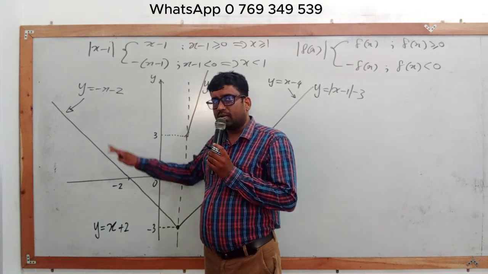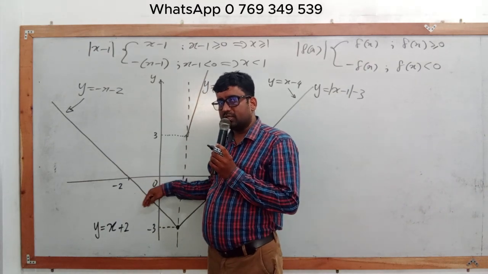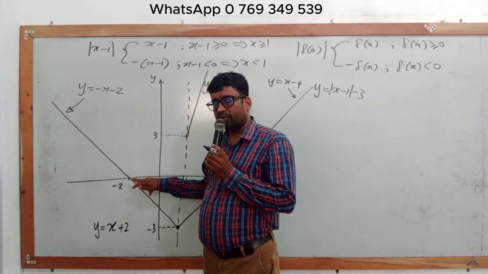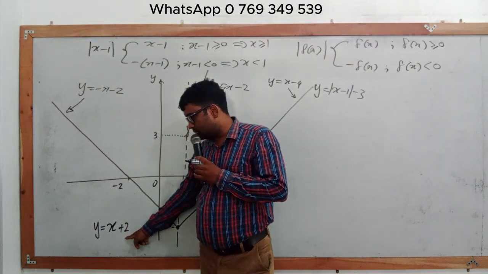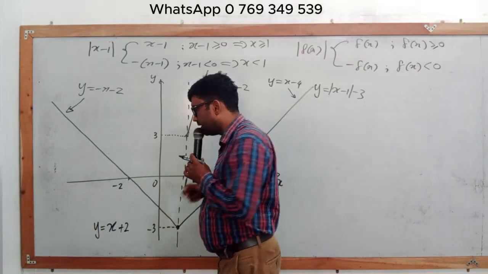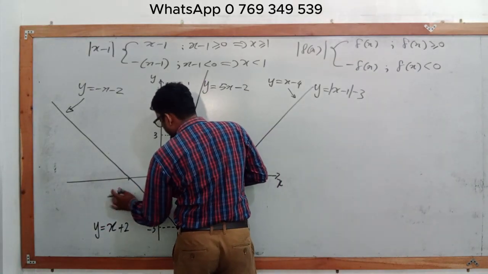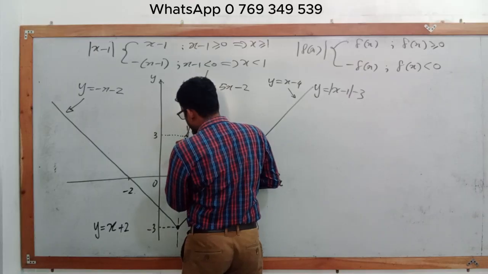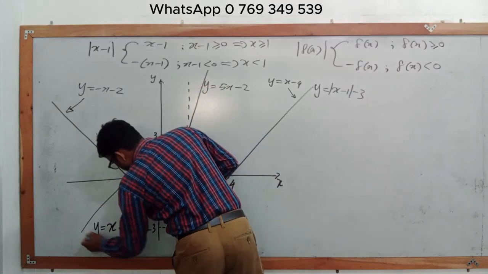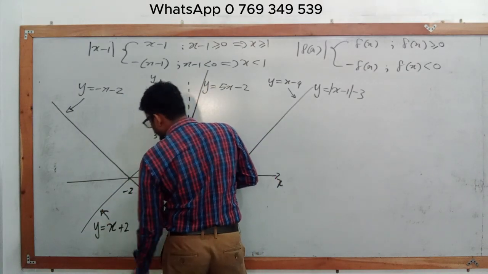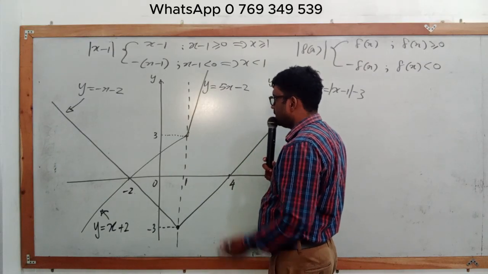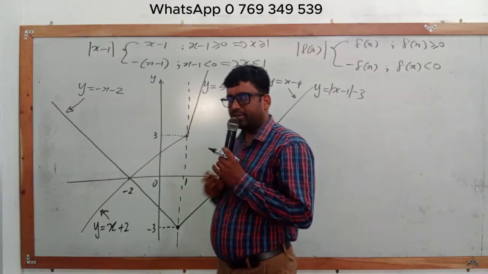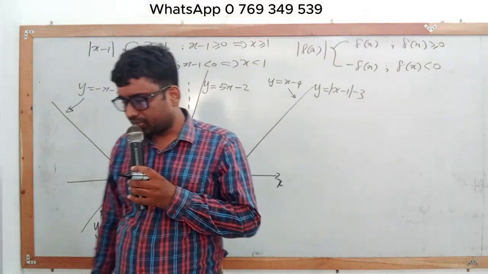We don't know where it cuts, so we have to find out where minus 2 is. Let x plus 2 equal 0. Therefore, this is the point, minus 2. Here, this is the point. This is the graph. Right? Very simple way, this is the graph.